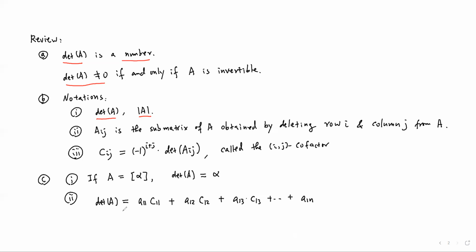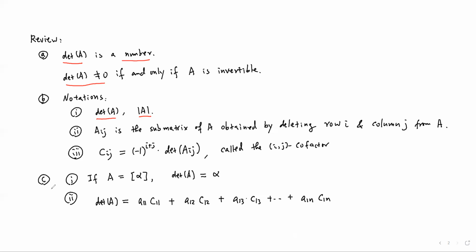Determinant is computable only for square matrix. A1n times C1n. Yeah, this is the formula to compute the determinant of a matrix A. This is our review 3.